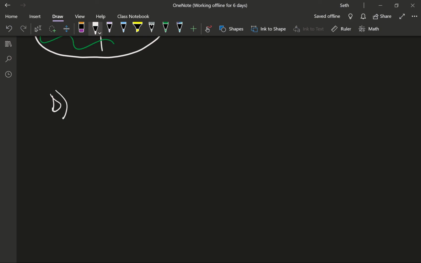Part D tells us that it's a left-sided signal, and then we have to check for causality and stability. So again, H of z.